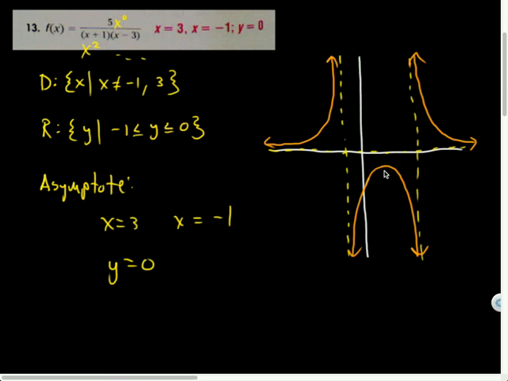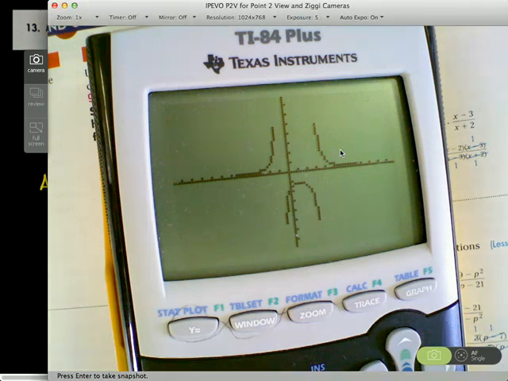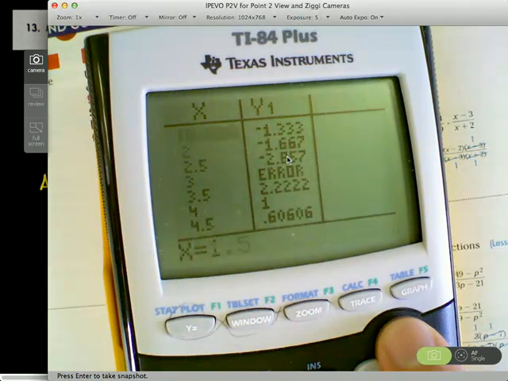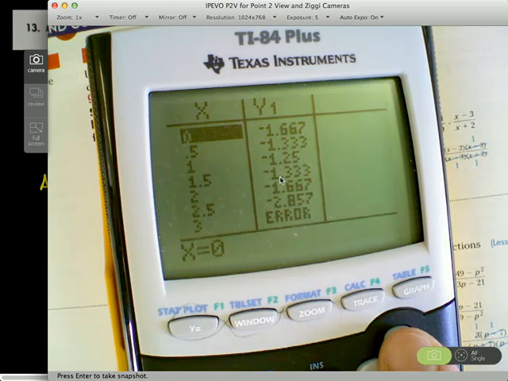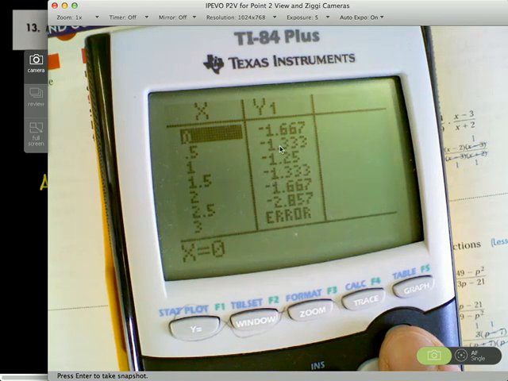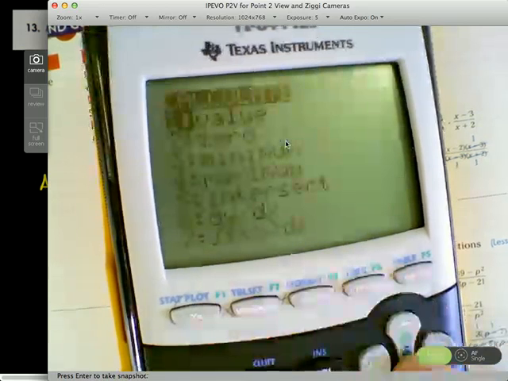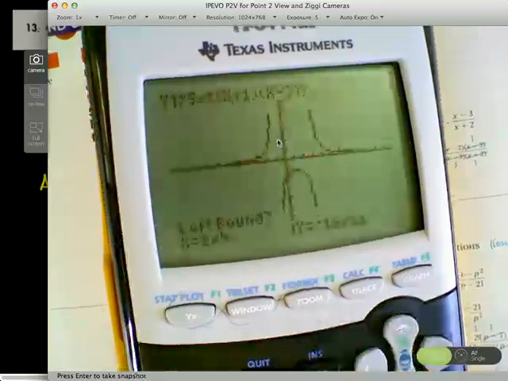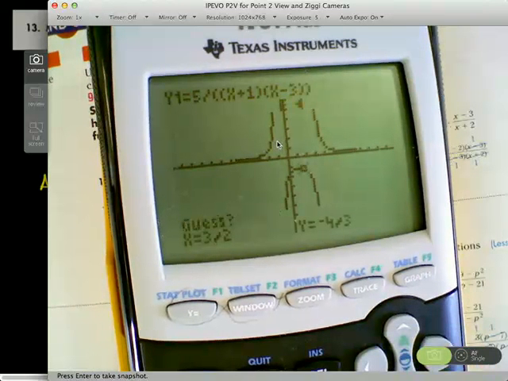Maybe it's even equal to 1. I could try to figure out what that height was if I really wanted to by checking the table. Let's see, how high does it get? In this case, it only gets up to negative 1.25. I think I can calculate a maximum point if I really wanted, but I never showed you how to do that on the calculator.